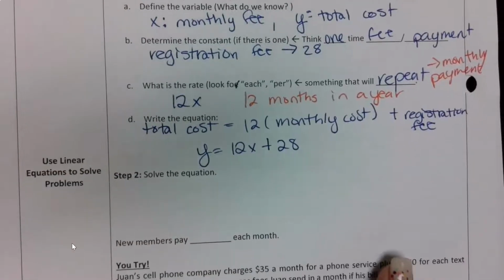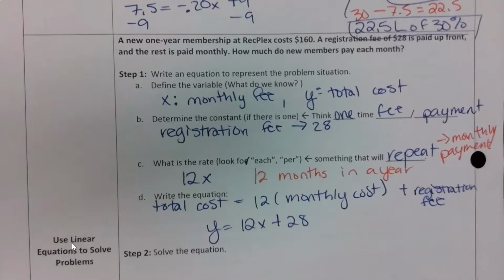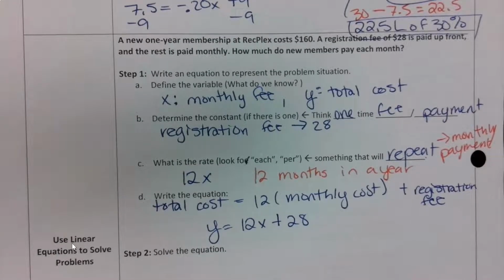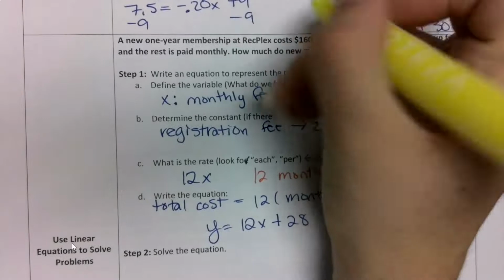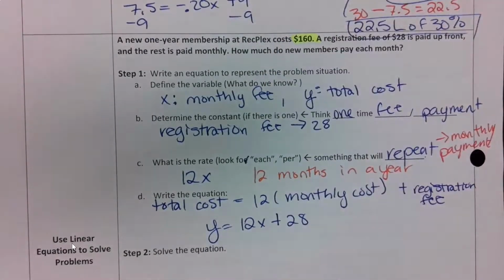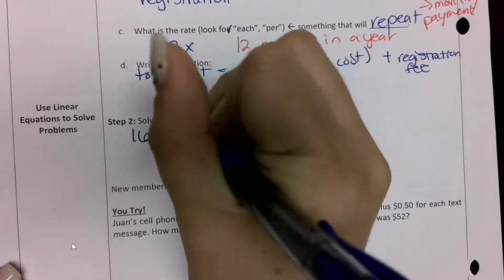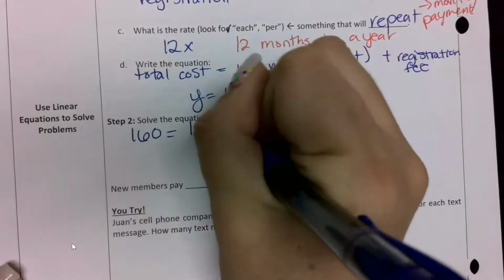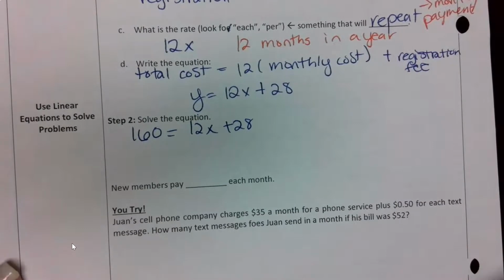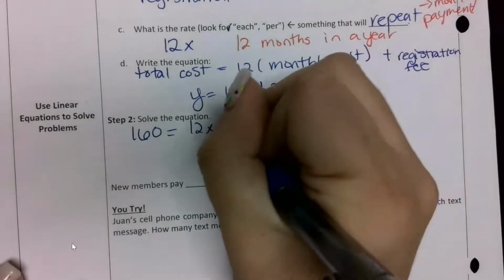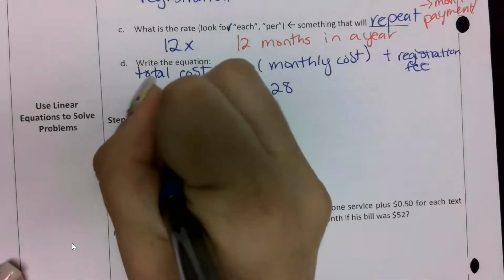Next, it wants me to solve the equation. So if I look back at the start of the problem, it told me that the one-year membership cost $160. I'm going to take that 160 and set that equal to y. So I have 160 equals 12x plus 28. Then this looks like an equation we were solving earlier this week. I'm going to subtract 28 on both sides.